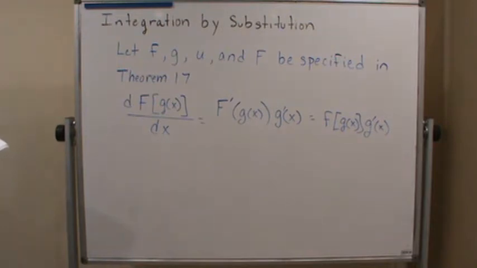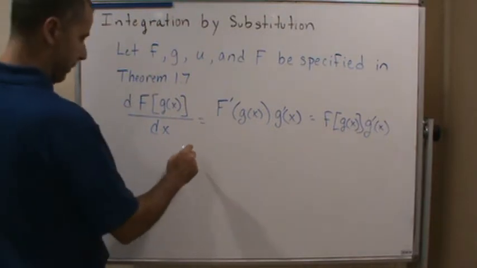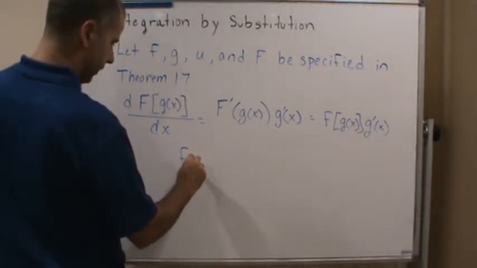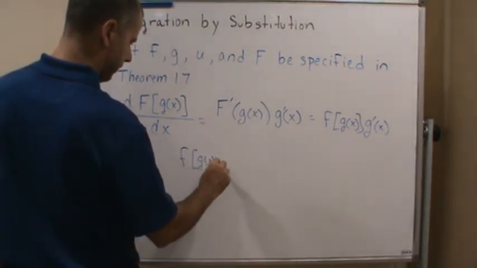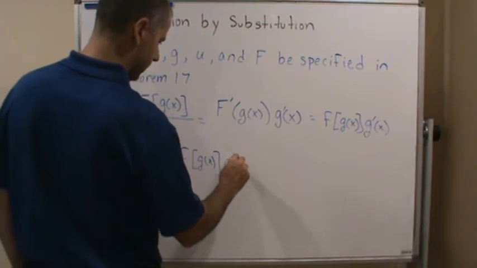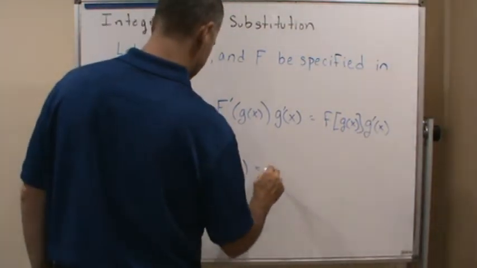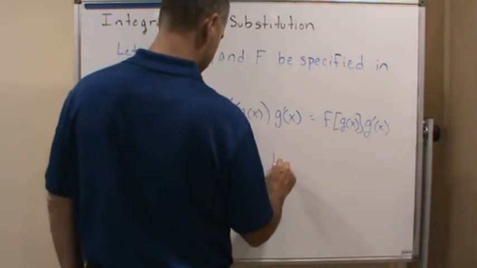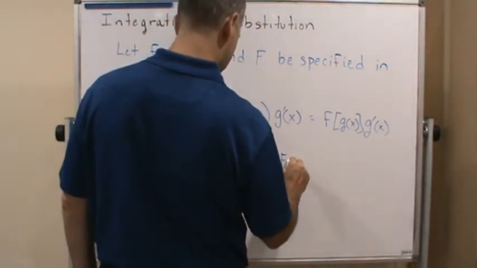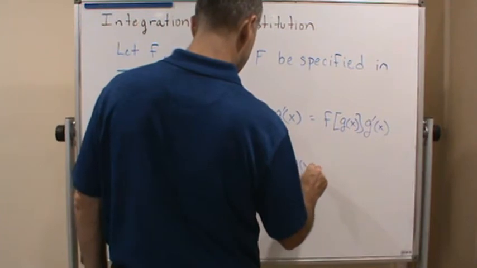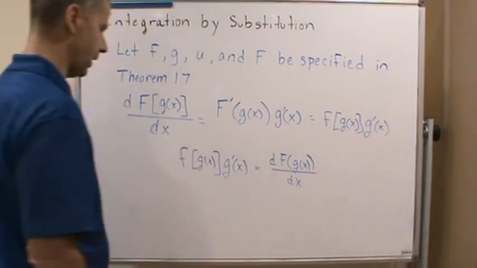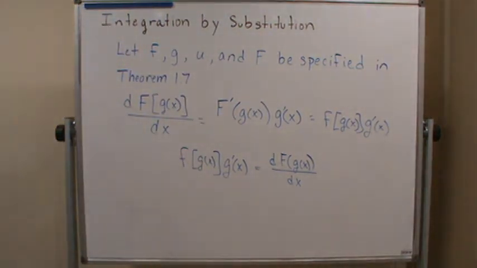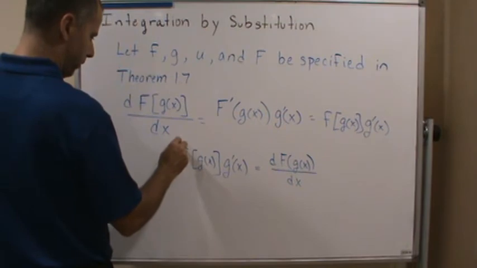So let's write it this way: f of g of x times g prime of x equals the derivative of capital F of g of x. So I just switched it around. And now I'm going to take the integral of both sides.